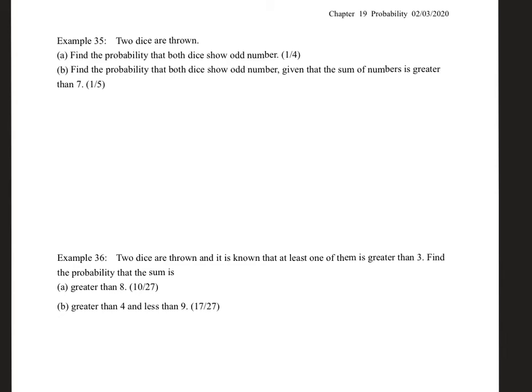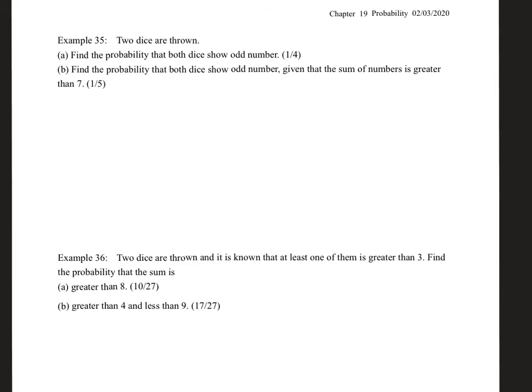Somehow I would say it normally happens when you're talking about two events, or sometimes throwing two dice, because a table may help. So let's see. Part A, find the conditional probability that both dice show odd numbers.